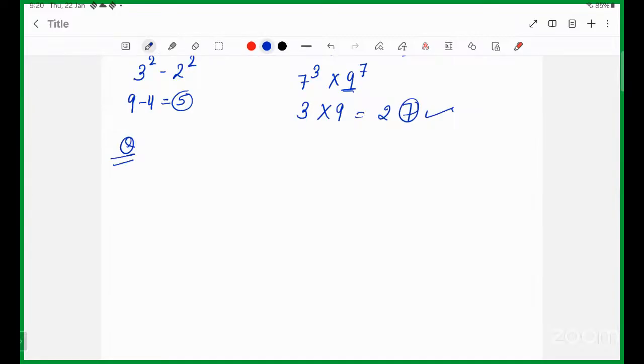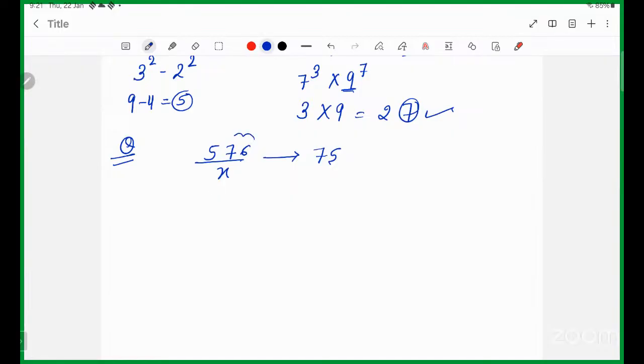Take for example, 576 is divided by a number x, then it leaves remainder 75. If the same number is divided by 24, then what will be the remainder?